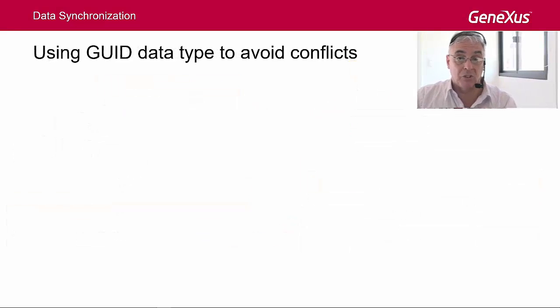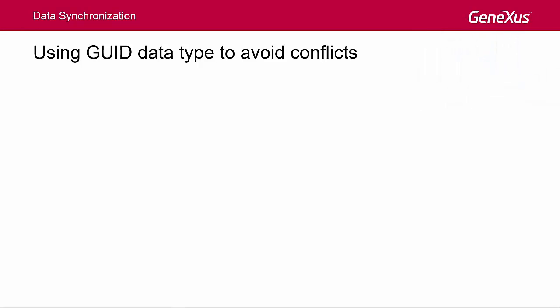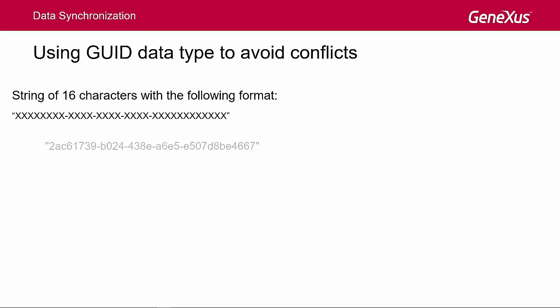One way to minimize the conflicts caused by duplicate keys is using a unique identifier. A GUID, Global Unique Identifier, is an identifier generated in a pseudo-random way. Even though it cannot be guaranteed that this number is unique, there is an incredibly low probability that this number will be generated twice.